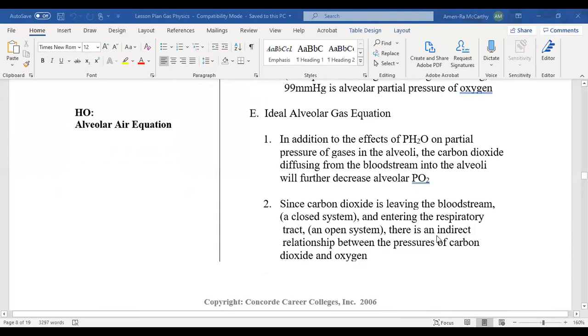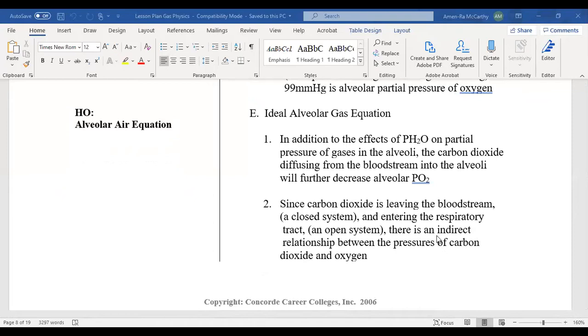Now let's look at E. It says the ideal alveolar gas equation, of course, it says in addition to the effects of water vapor on the partial pressure of gases in the alveoli, the carbon dioxide diffusing from the bloodstream into the alveoli will further decrease the alveolar PO2.